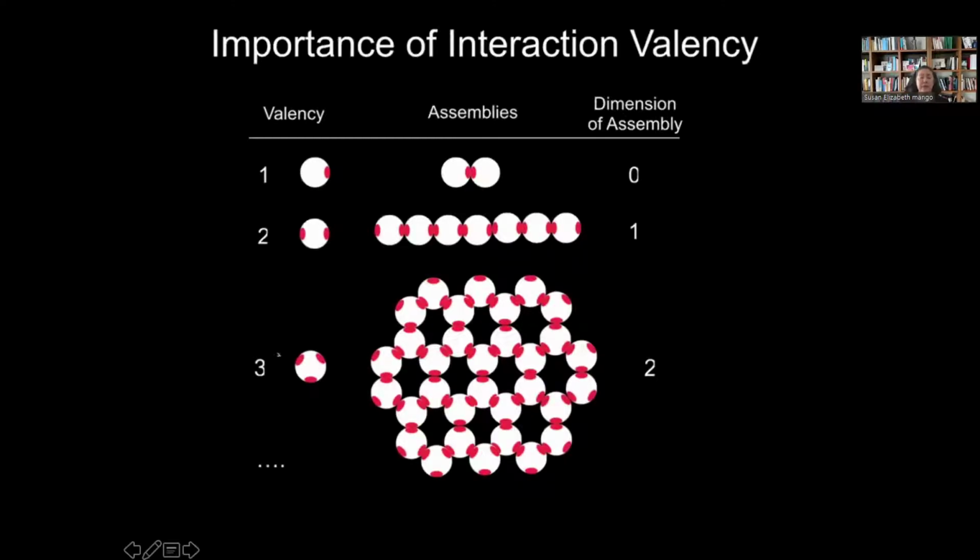Once you have a valency of 3, now you can really begin to make more of a scaffold, an entity. This one is 2-dimensional, right? So this has a big effect. Your valency, the places you can interact, has a big effect on whether you're going to form a phase-separated structure.